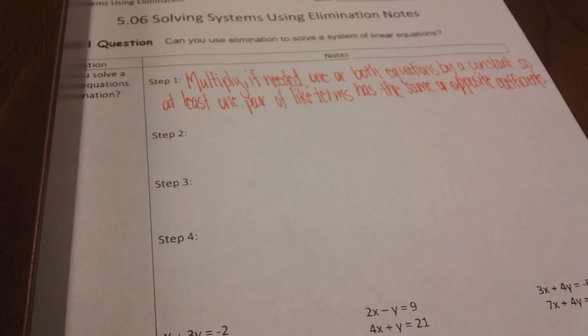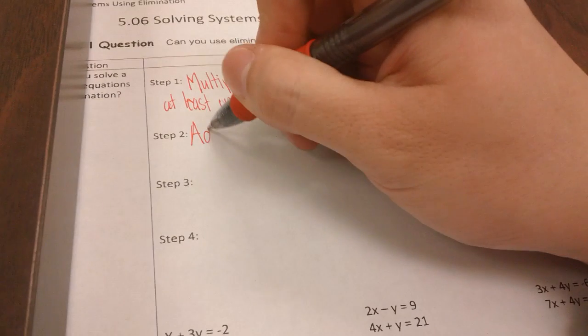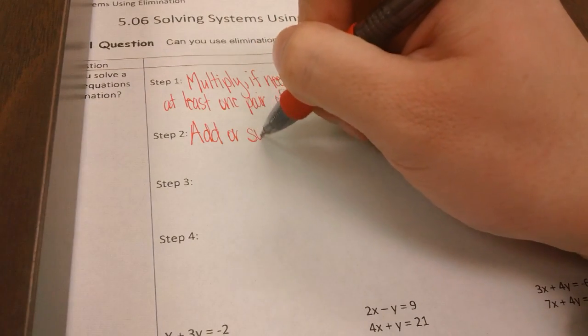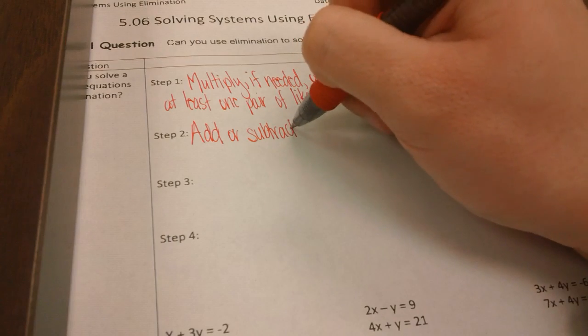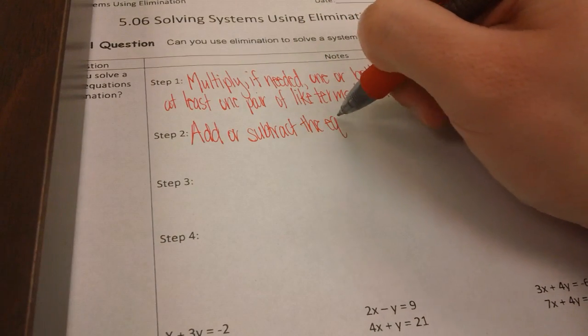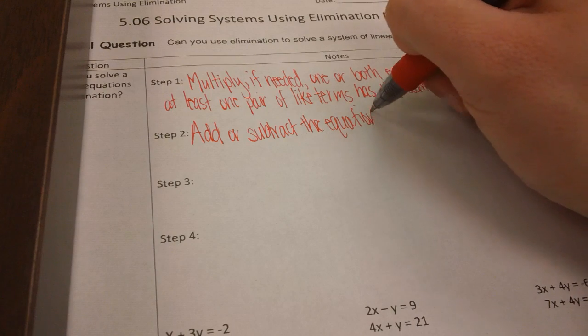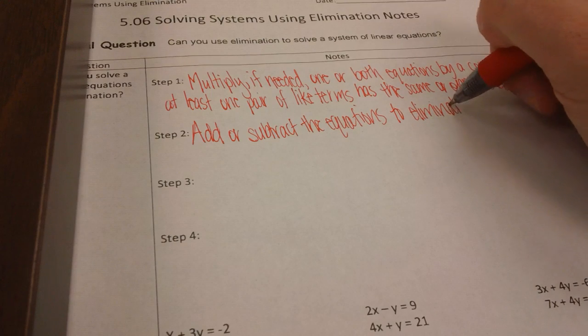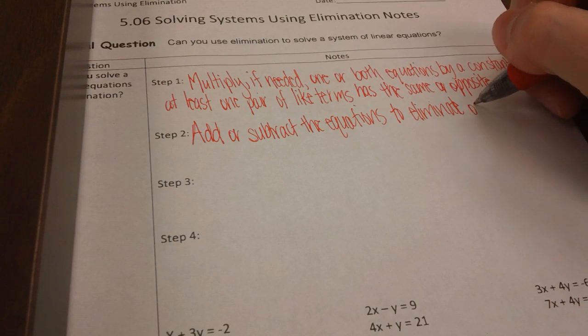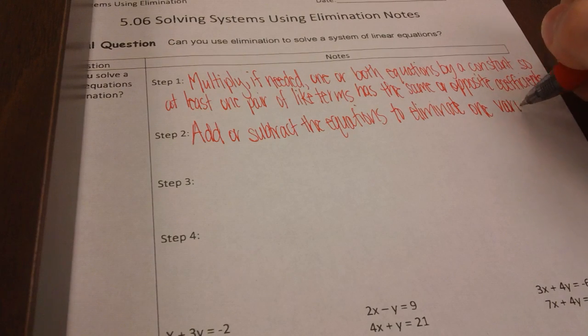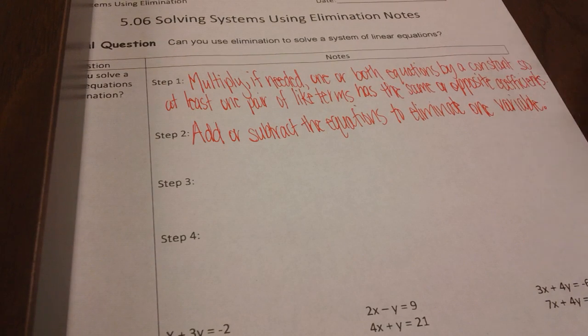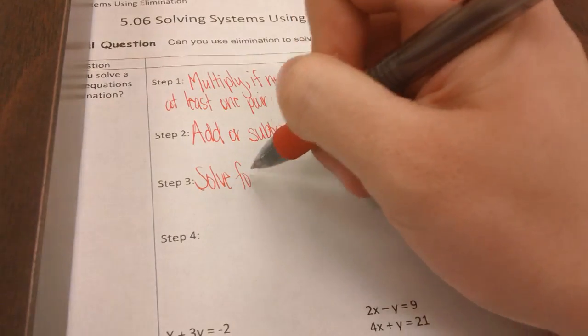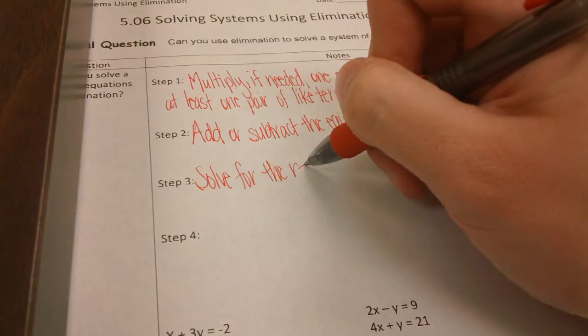Step 2 is to add or subtract the equations to eliminate one variable. Step 3 is to solve for the remaining variable.